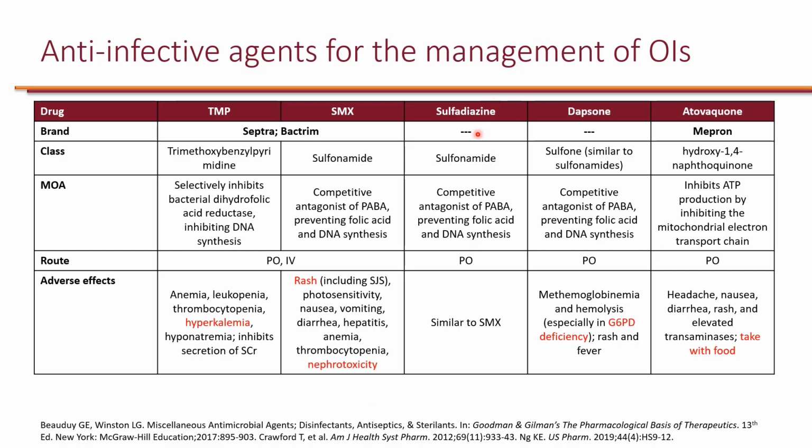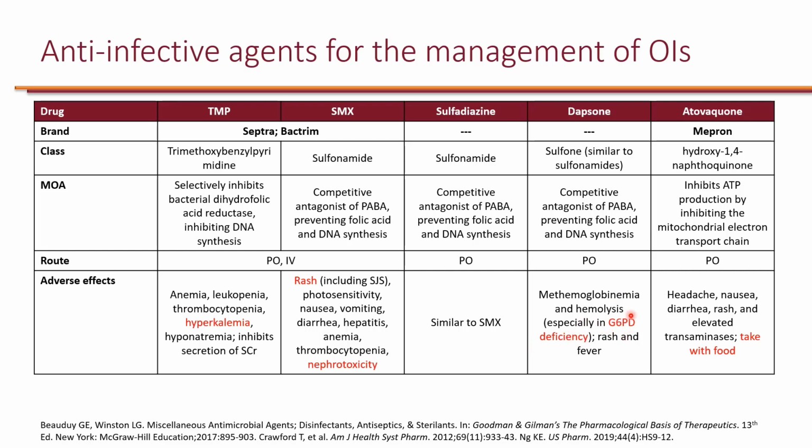We also have sulfadiazine, which is also a sulfonamide, so it's very similar to sulfamethoxazole. And we also have dapsone, which is similar to sulfonamides. Now, dapsone can cause methemoglobinemia and hemolysis, especially in patients with glucose 6 phosphate dehydrogenase deficiency.